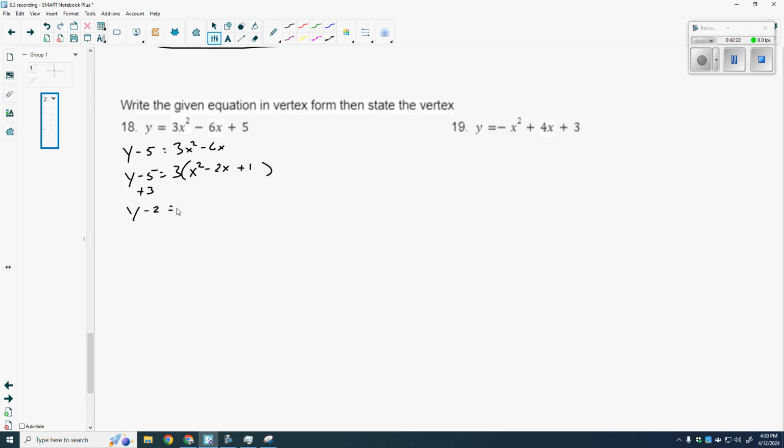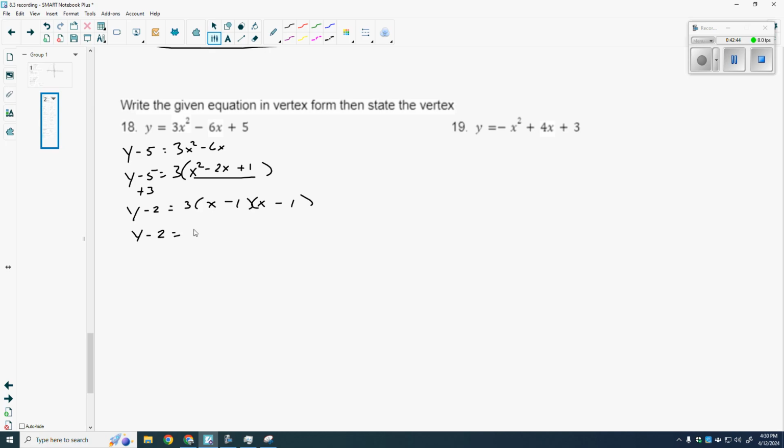Left-hand side is a negative 2. Leave the 3 alone and factor that inside expression. What does that factor into? X and x. Factors of 1 are 1 and 1, or 2 divided by 1 is my 1. And it's a negative because there are negative signs here.